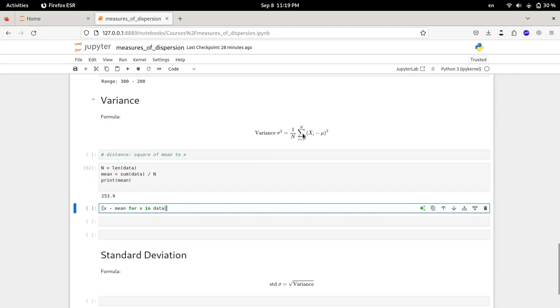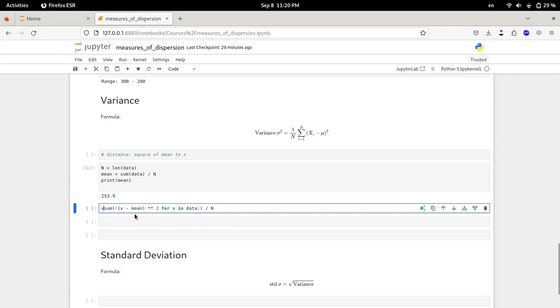Then every difference should be squared. Then this is the summation sign, so we should sum it, and this entity should be divided by n.